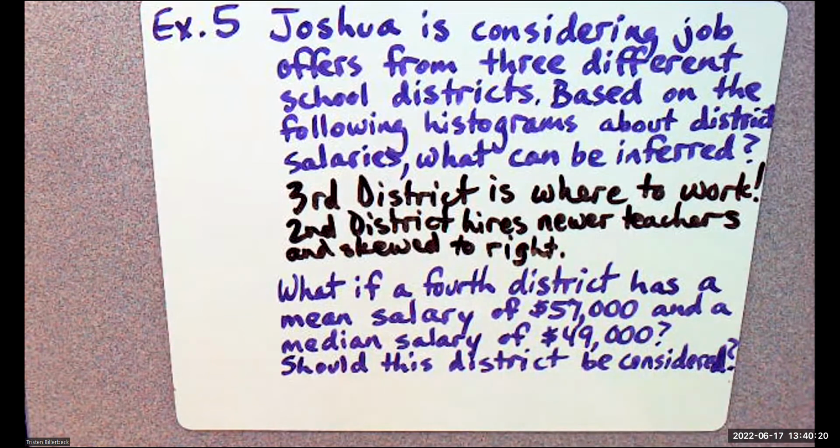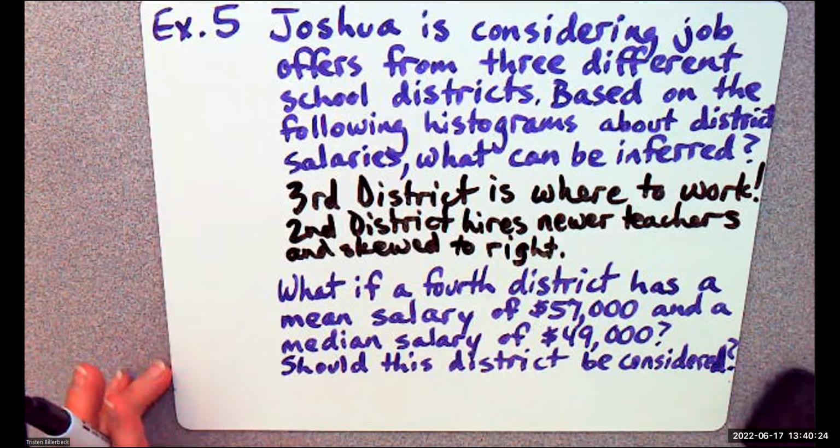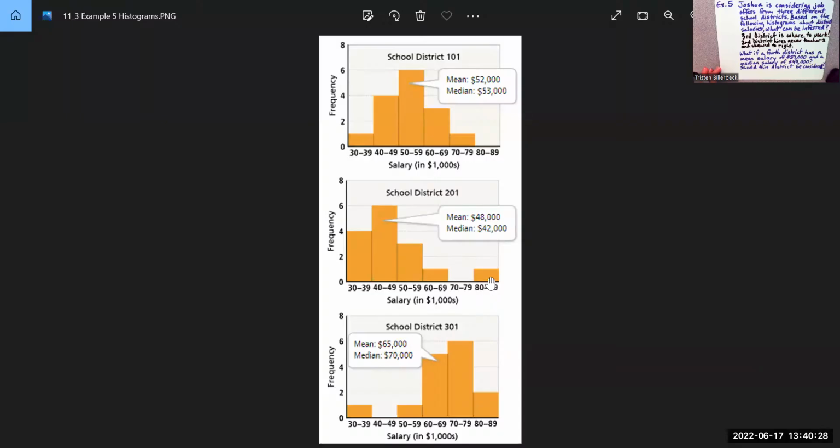Okay, so let's take a look at that one more time. So this is skewed to the right. We've got a bunch of new teachers in here that are paid less. So there's fewer resources for you to learn from your peers versus this group. Wow. District 3, you've got a lot of resources to learn from your peers.